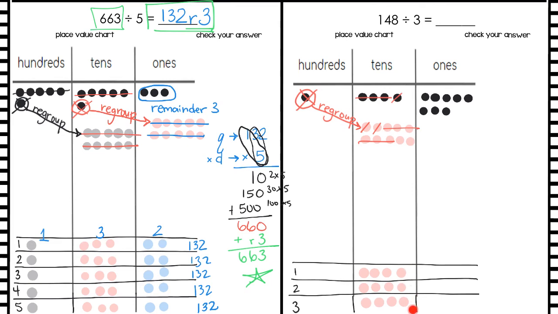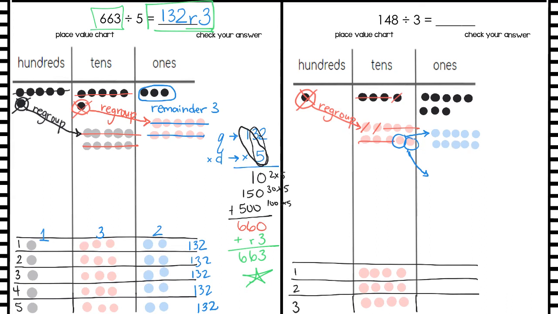Can I put 2 tens, 1 in each of my groups? No. I must regroup both of these. So 10 becomes 10 ones. 1, 2, 3, 4, 5, 6, 7, 8, 9, 10.